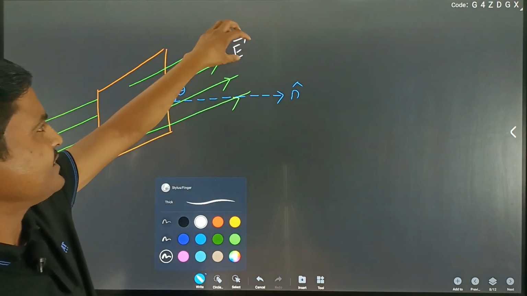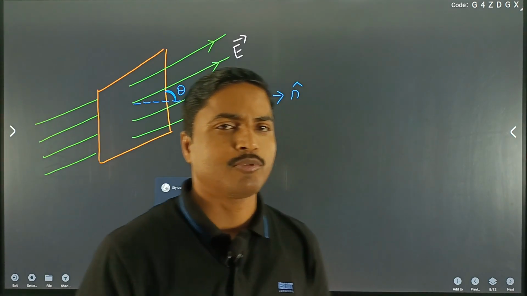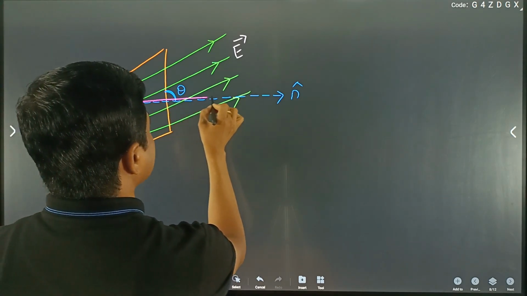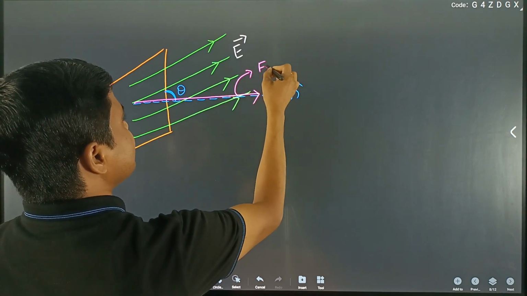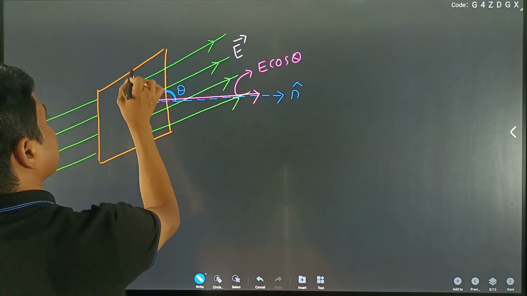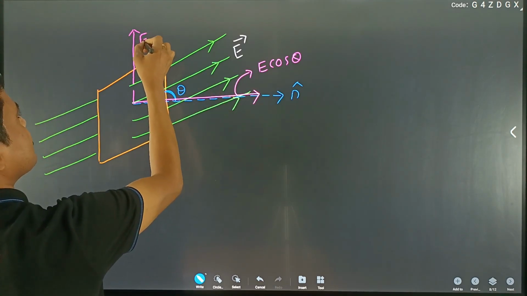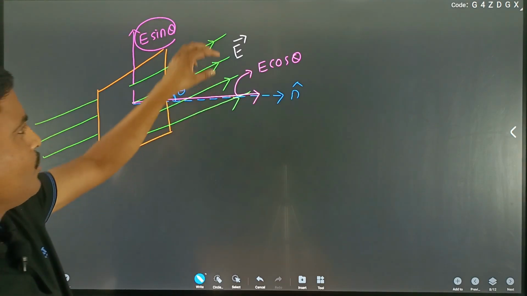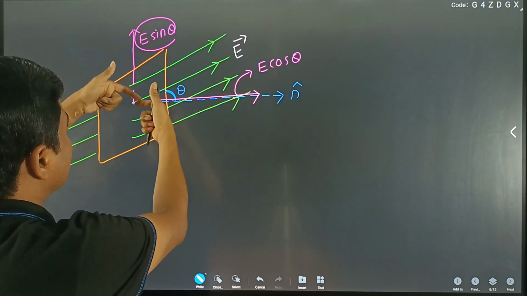Now, we divide the electric field intensity into two rectangular components. One is along the direction of the area vector, and this component is known as E cos theta. Another is perpendicular to the area vector, that is known as E sin theta. You know that. That means simply we divide the electric field intensity vector into two rectangular components.